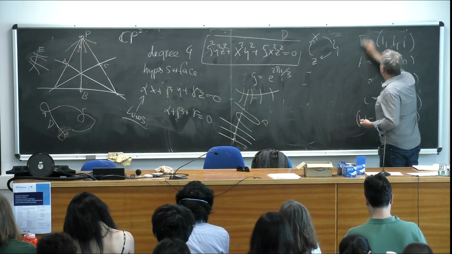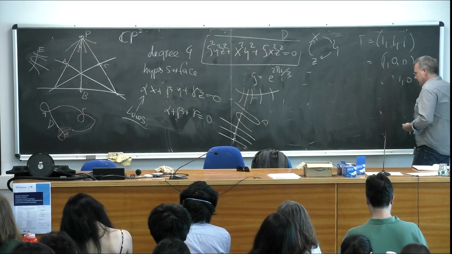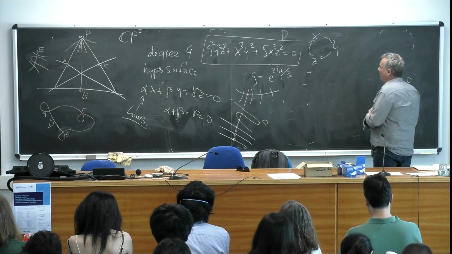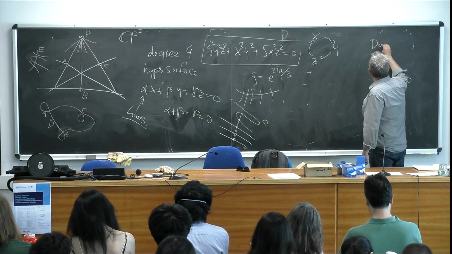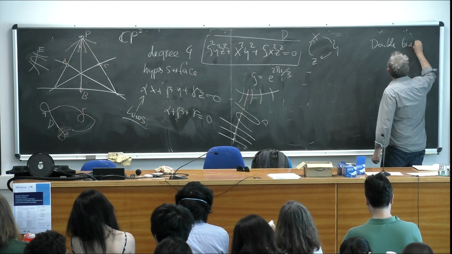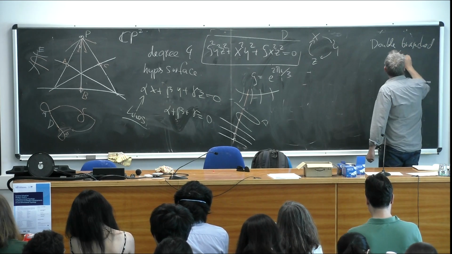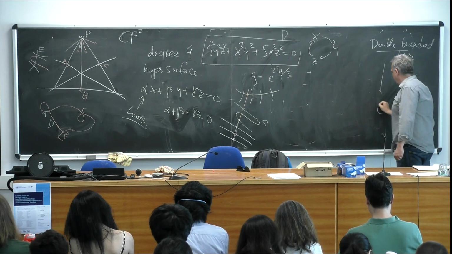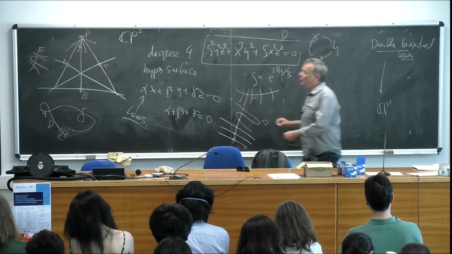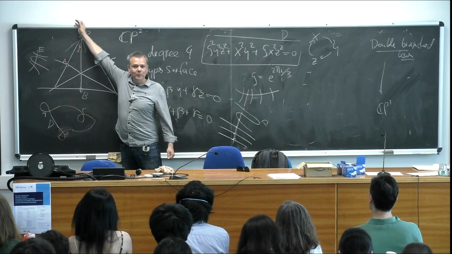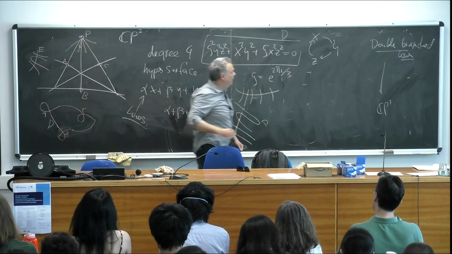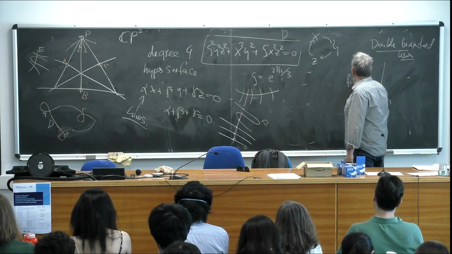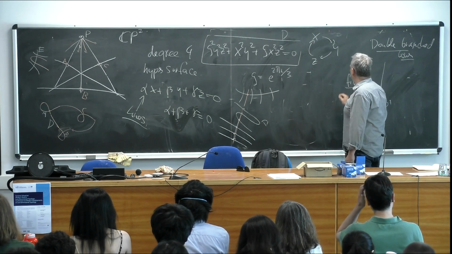I'm going to erase all of this and claim that now we have a map from the double branch cover to CP1. What is this CP1? The different directions we can go, right? And the generic fiber will be genus 2.